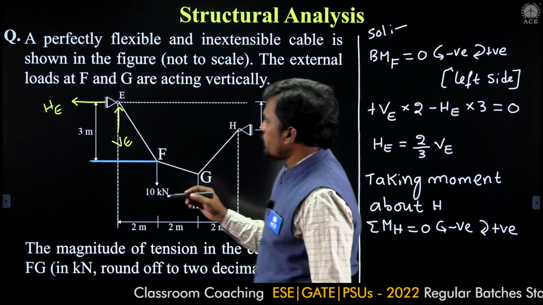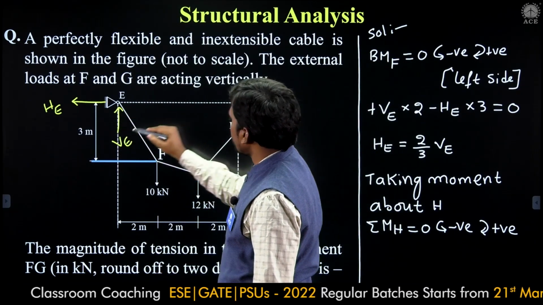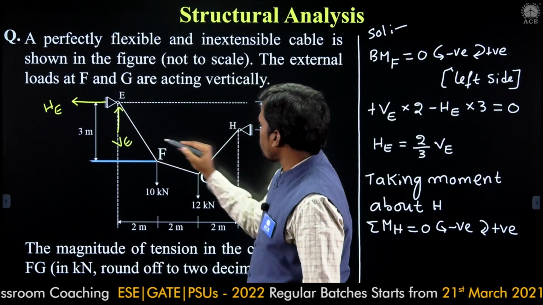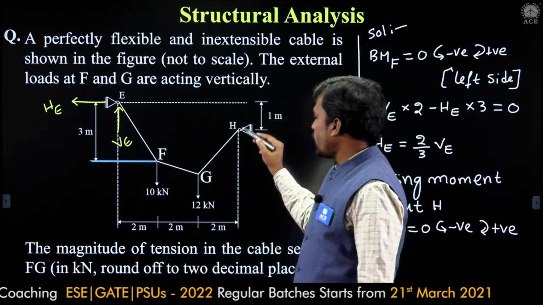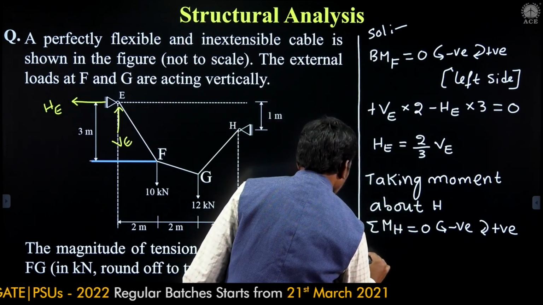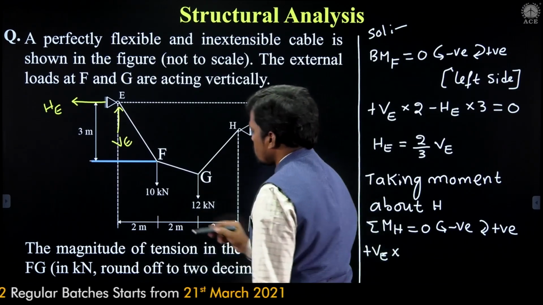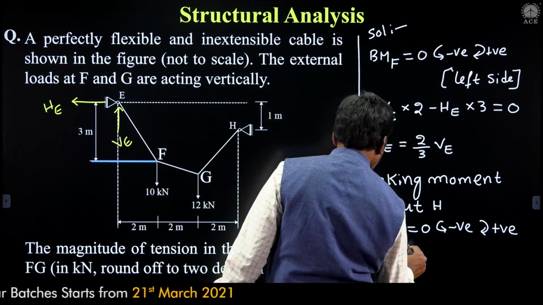Then here, is VE clockwise or anti-clockwise towards H, not F? This is clockwise. Clockwise is positive. Then VE, what is the perpendicular distance? This is totally 6 meter.